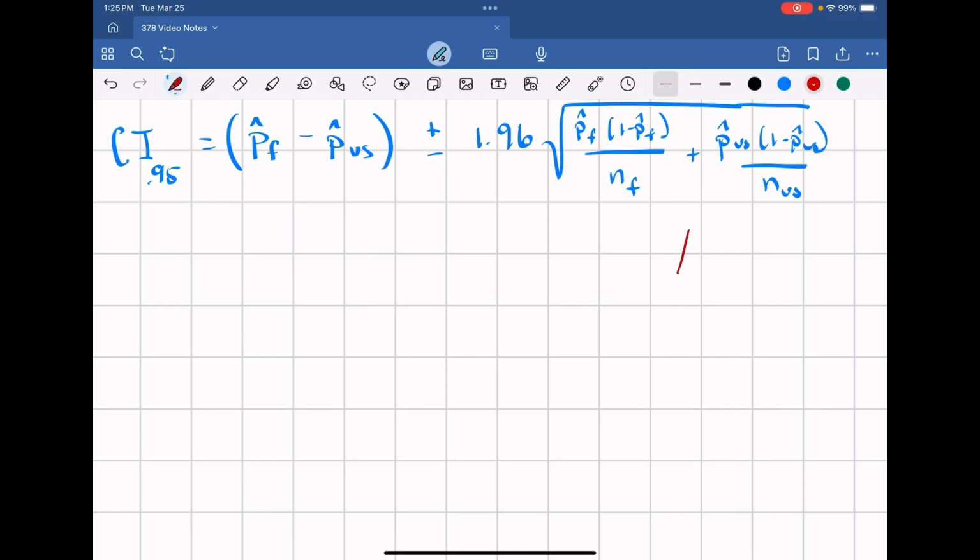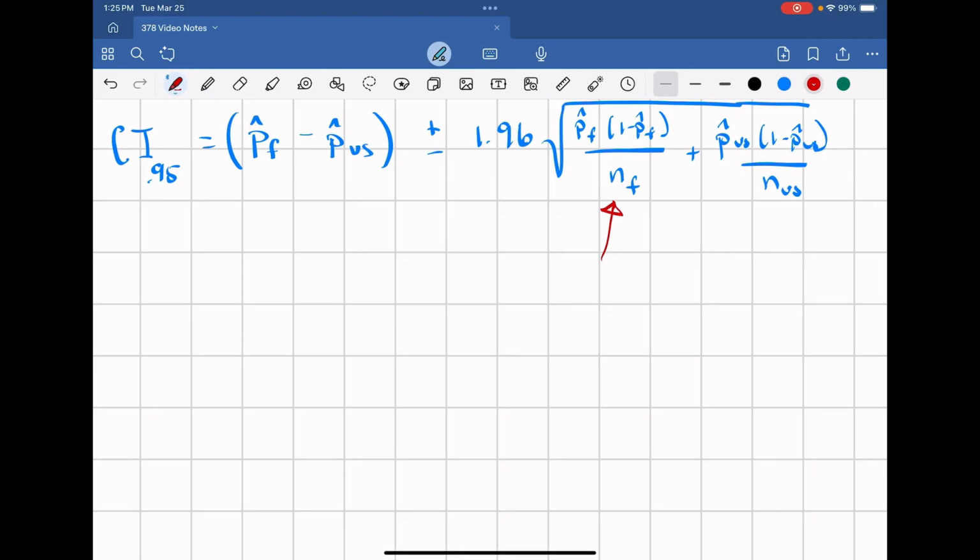And the reason we can do this part right here is because we can assume that the sample in the US is independent from France, and therefore there is no covariance term between them. And we're also using the estimated variance right here, and we can do that with the central limit theorem that says it's going to be distributed normally.